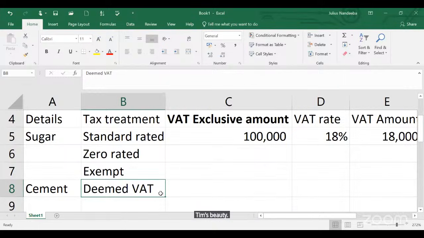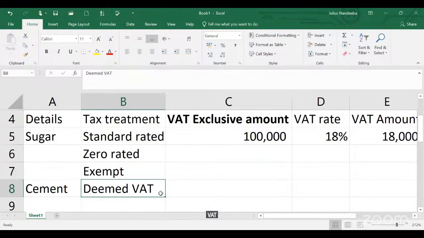If I am a supplier to a contractor of aid-funded projects, or if the contractor is contracting with government in an aid-funded project, it is also going to be deemed VAT.